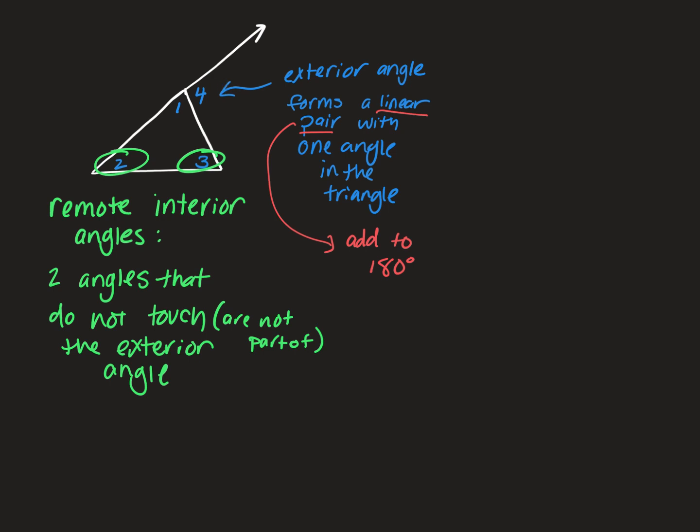So anytime you have a triangle with an exterior angle, the sum of the remote interior angles will be equal to the exterior angle. This is known as the exterior angle theorem.